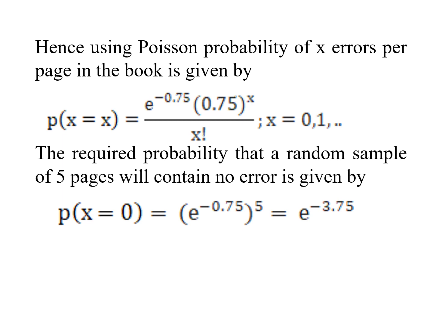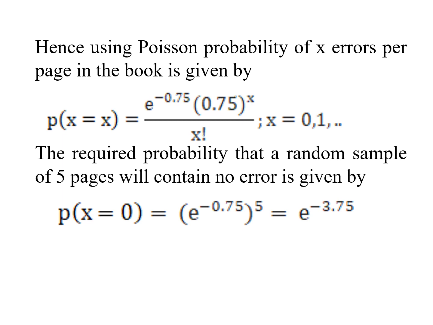The question says there is no error, which means we take p of x equal to 0. So p of x equal to 0 is e power minus 0.75 into 0.75 power 0 divided by 0 factorial. 0 factorial is 1, and anything power 0 is 1.